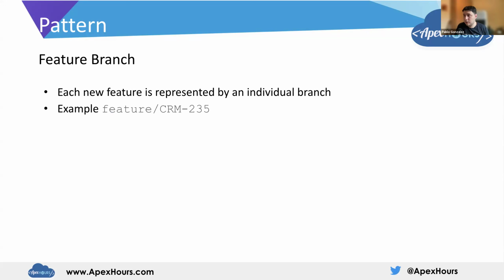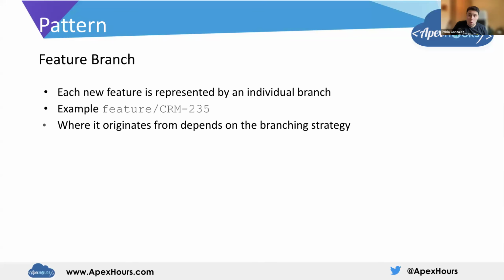into that branch. Now, where the feature branch actually comes out of, what is the source of that branch, depends on the branching strategy. It doesn't have to be main, doesn't have to be development. It can be anything, actually, right? There's no restriction. But again, we're not talking about strategies here. We're just talking about the pattern that any branch can represent the contents or the changes that are specifically tied to a business requirement.